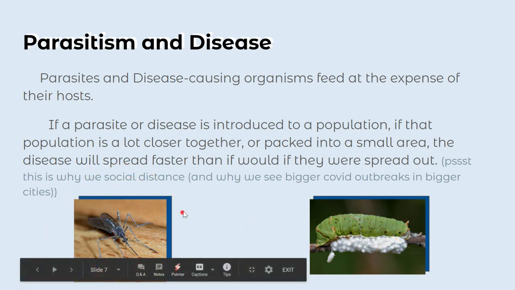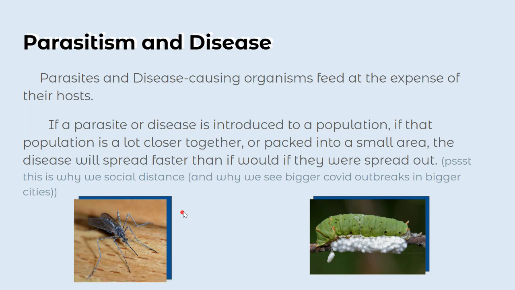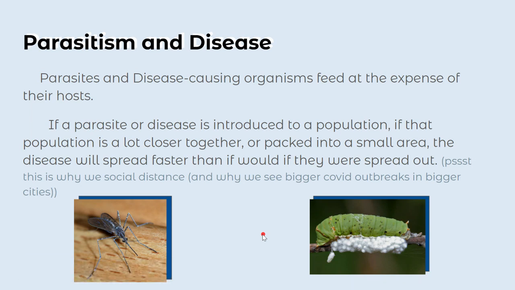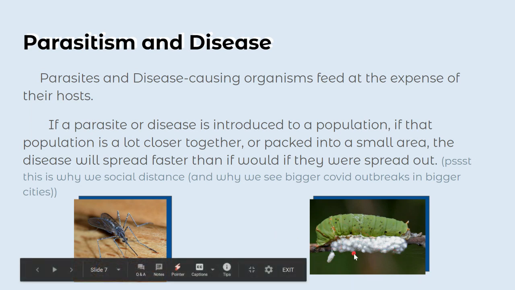There will be more mosquitoes in an area where they can get more food than in an area where they can't get food. And we talked about our tomato worms a lot, so I figured I would throw in a little parasite infested tomato worm for us right there.